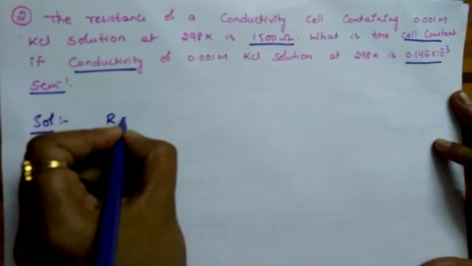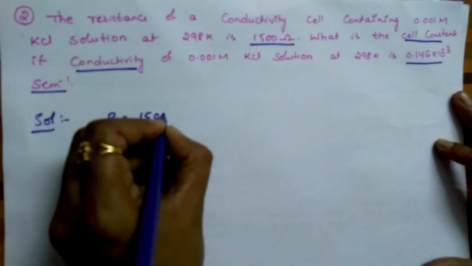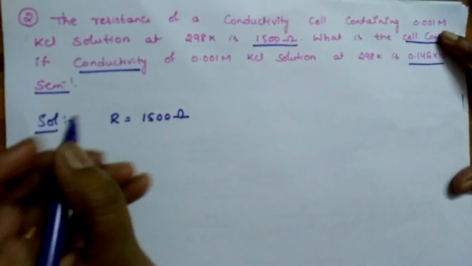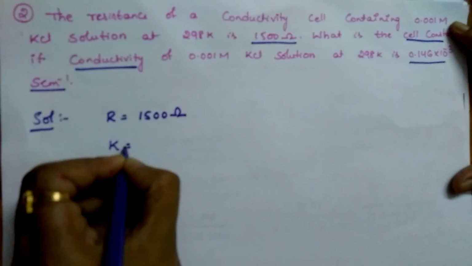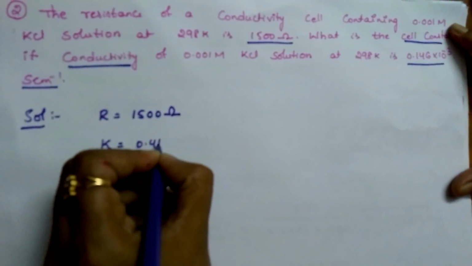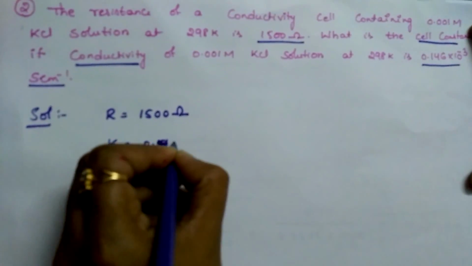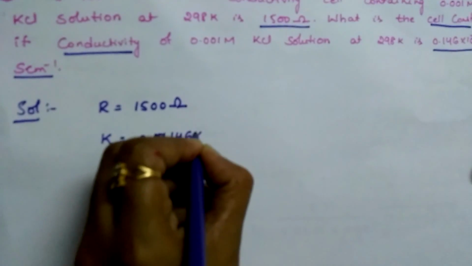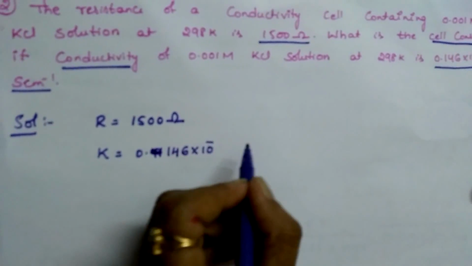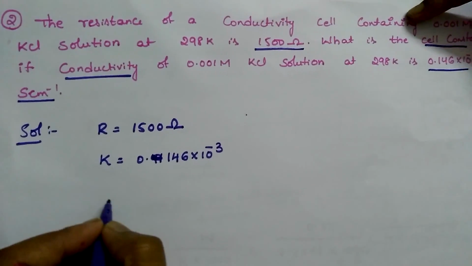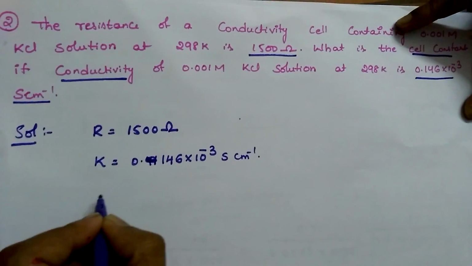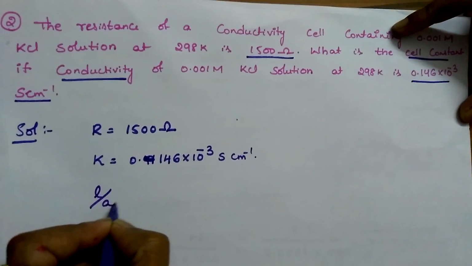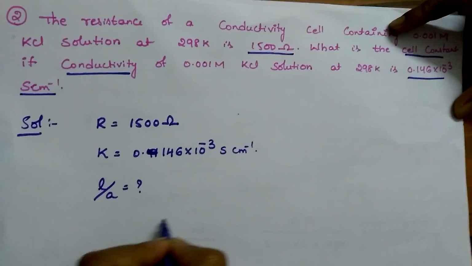Resistance R is equal to 1500 ohms and conductivity K is equal to 0.146 into 10 to the power of minus 3 Siemens per centimeter. They are asking to find the cell constant L by A. What is the formula?